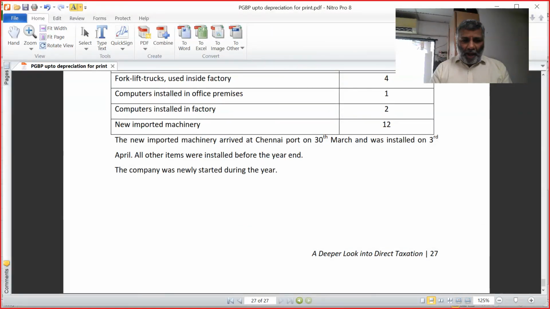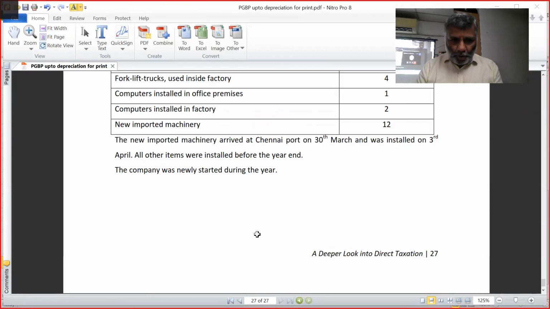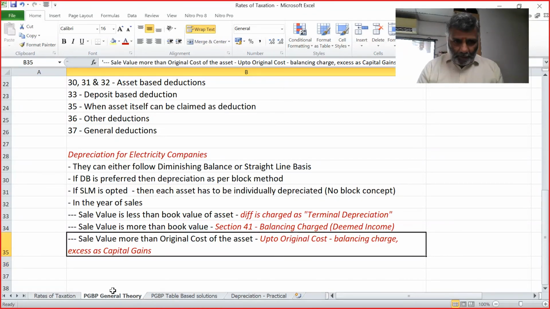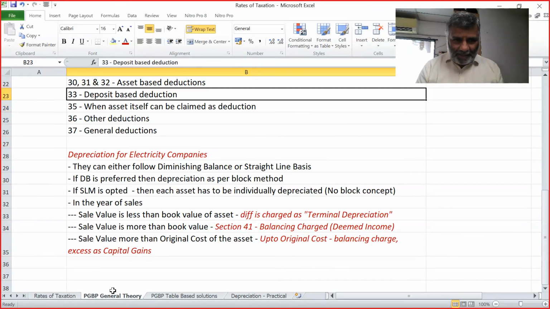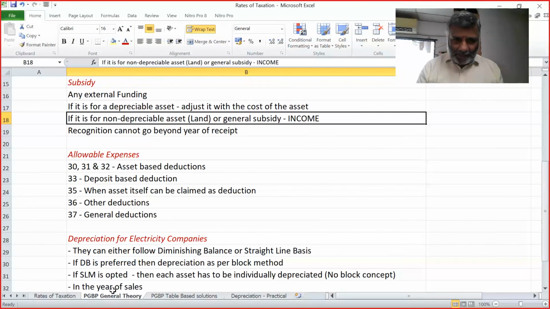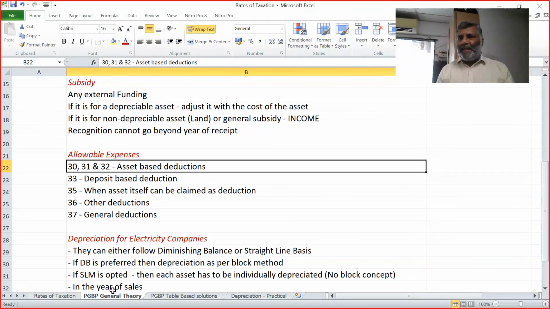So if I look into this, I have completed the second part also. The first part is 28 and 29, which talks about income. In that, we remember the case laws also, Chennai properties, Saurashtra cements, all these things.